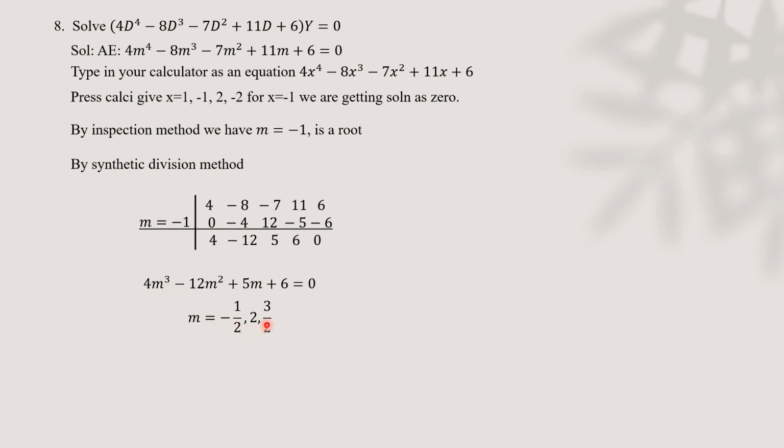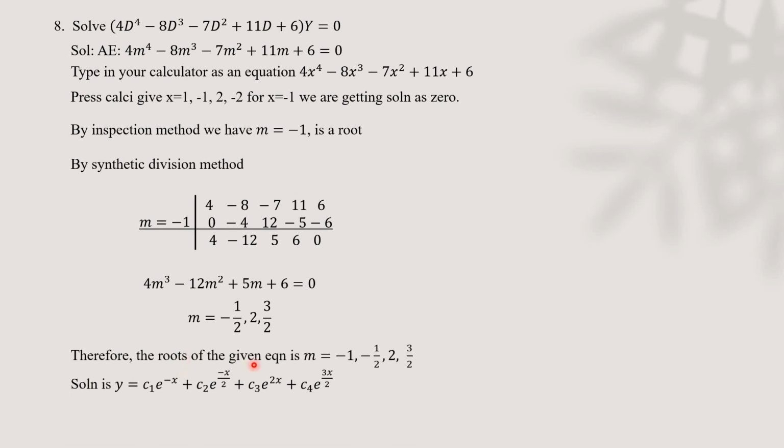After getting the cubic equation roots, observe one thing: the given differential equation is of degree 4, so you should have 4 roots. Therefore, don't forget the root we got by inspection. So in general, the roots of the given equation are -1, -1 by 2, 2, 3 by 2.